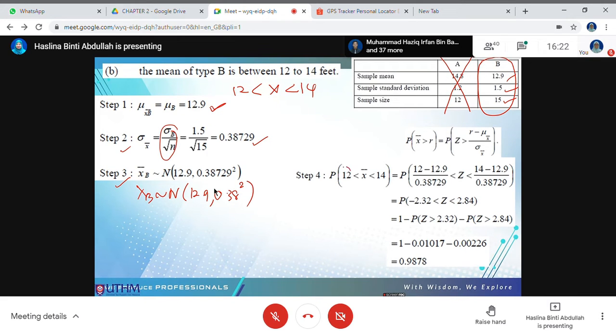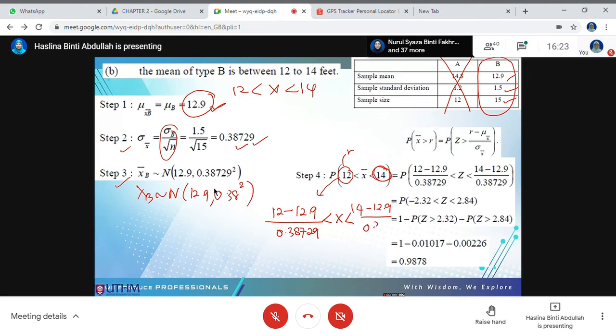you have the values 12 to 14. For value 12, you substitute into this formula: 12 minus mu X bar 12.9, divided by sigma 0.38729, less than Z. Then for 14, you substitute 14 minus 12.9 divided by sigma.